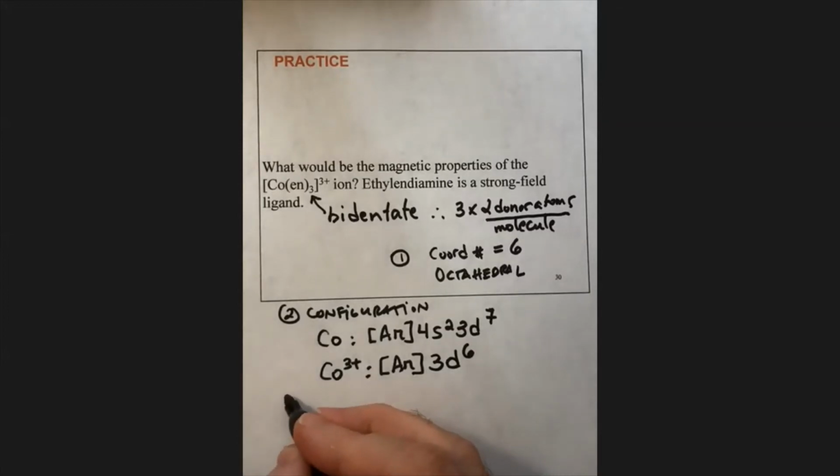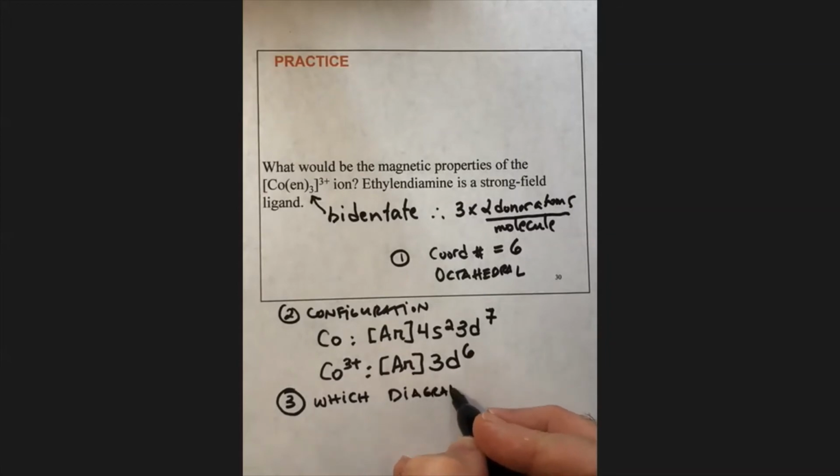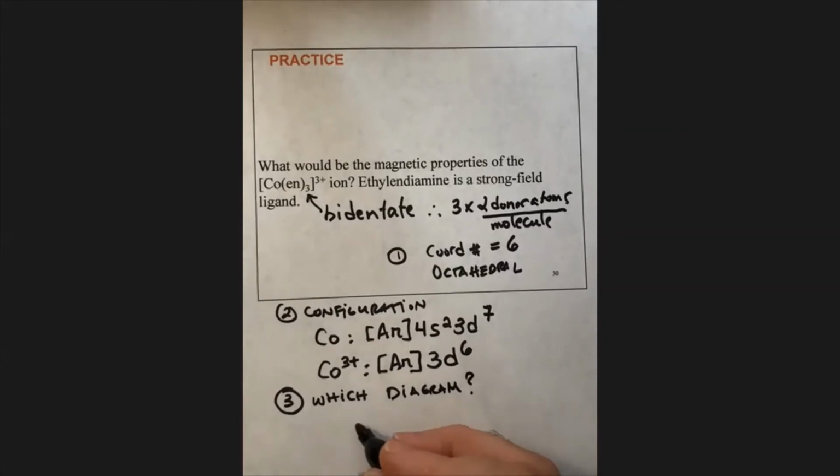Next, which diagram are we going to use here? Well, remember, we said that ethylenediamine, which we abbreviate en, is a strong field ligand.